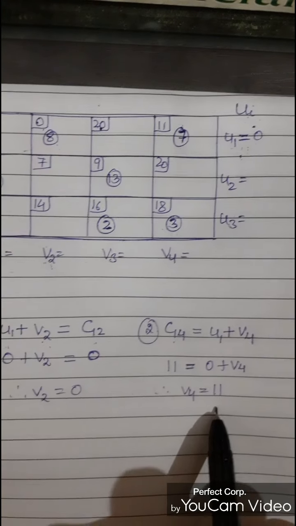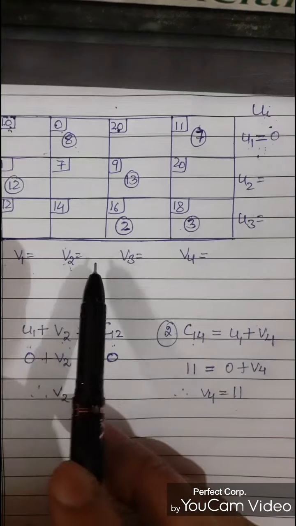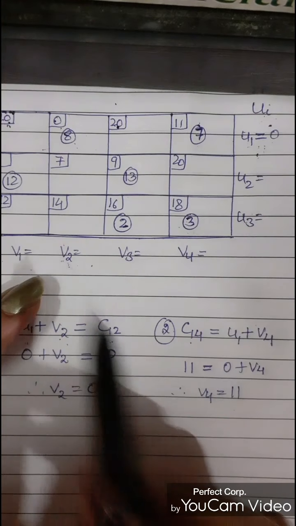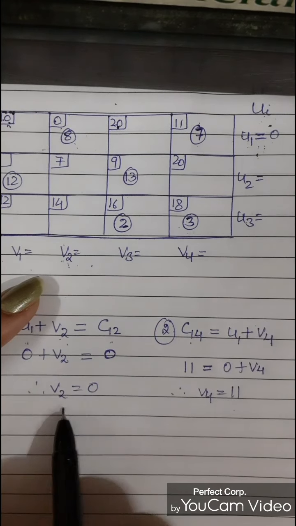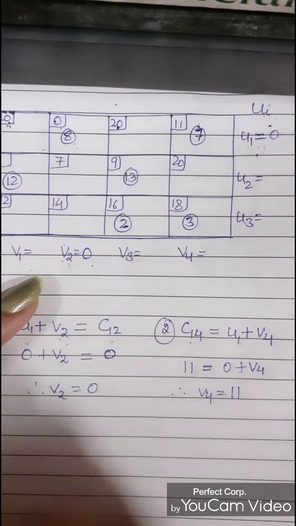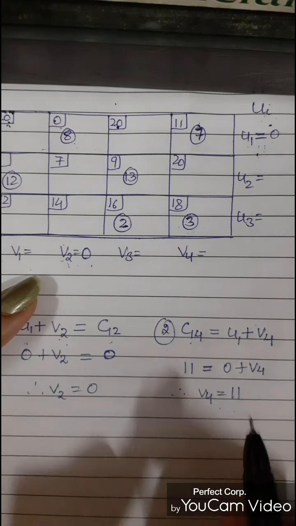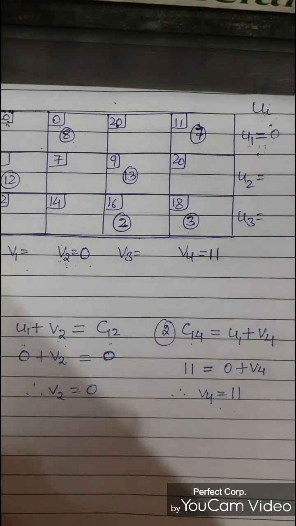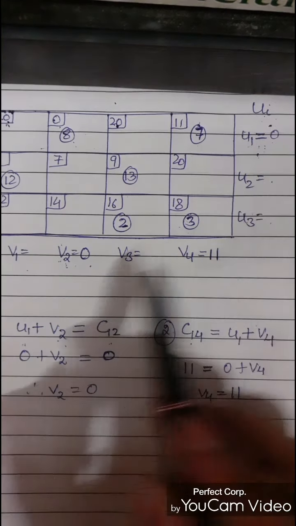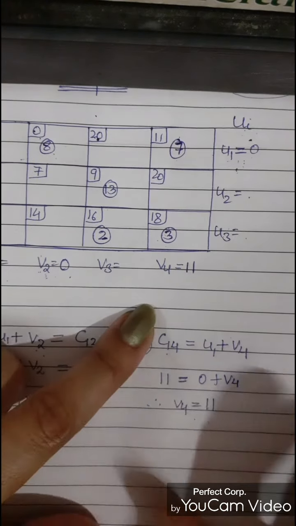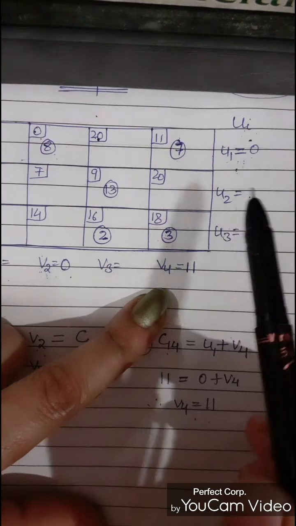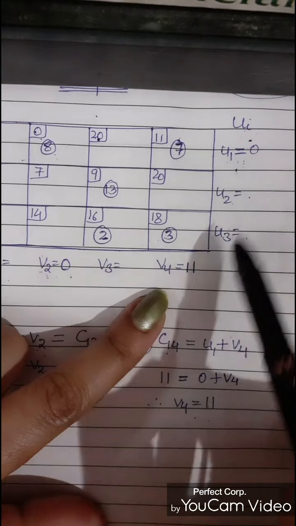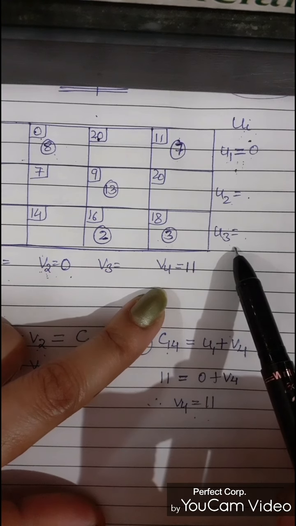Now we write the values obtained in this table. Start putting the values here. We got V2 equals to 0, so write V2 equals to 0 here. We got V4 equals to 11, so write 11 here. After that, we will start calculating the value of other variables. And to calculate the value of these left items, what we have to do?